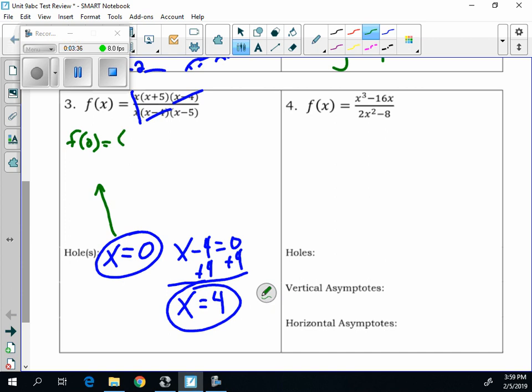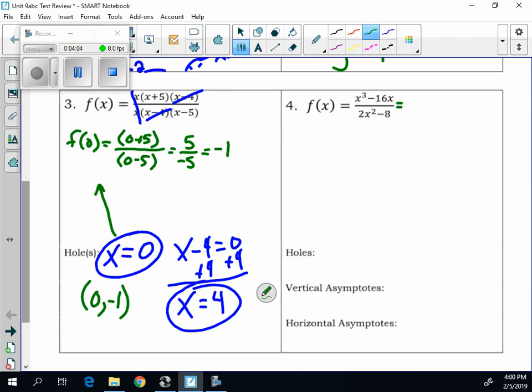And 0 plus 5 in the numerator, that's the only thing left in the numerator, and 0 minus 5 in the denominator. Negative 5 over negative 5 is negative 1. So your x value is 0, and your y value is negative 1. If you really want to find the actual coordinate of the hole, there you go. This will also work for 4. I won't work it out here. I don't require you to do it. Just the x value is good enough.